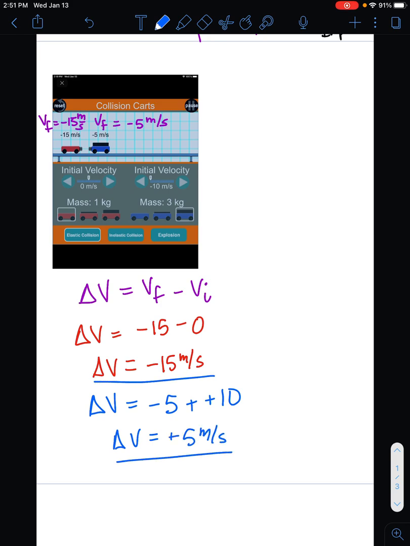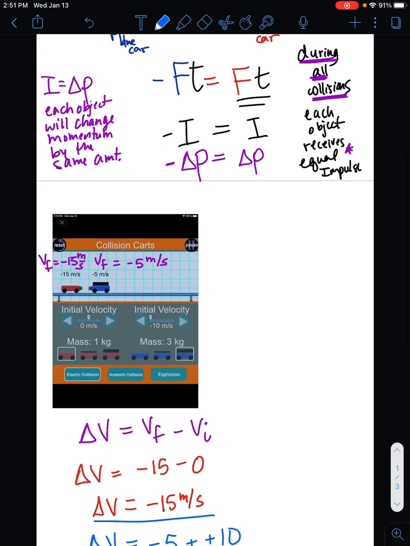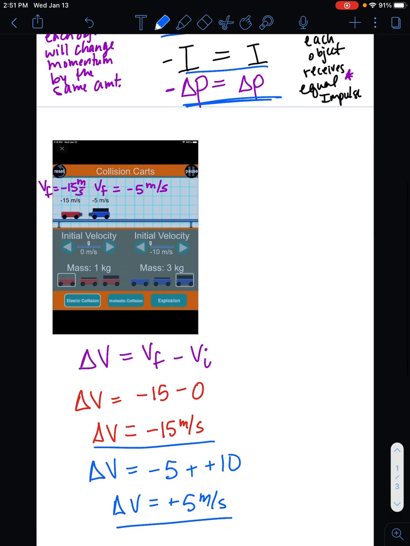These objects, even though they had the same force, the same impulse, the same change in momentum, and when I say same, I mean the same magnitude change in momentum, they experienced different changes in velocity. So why, for the same force, would we receive different changes in velocity?